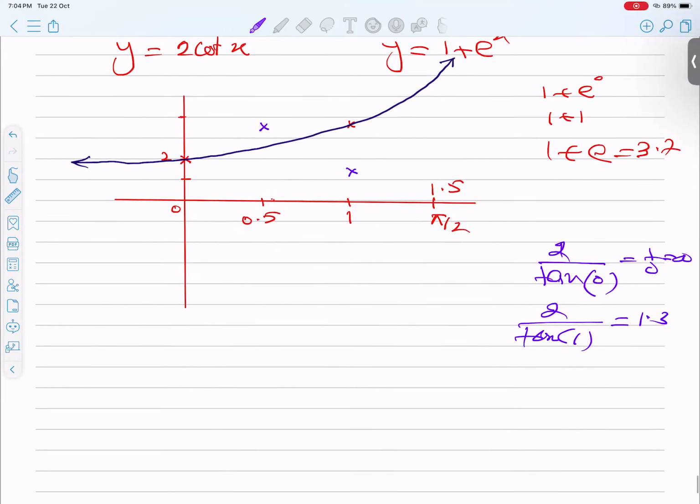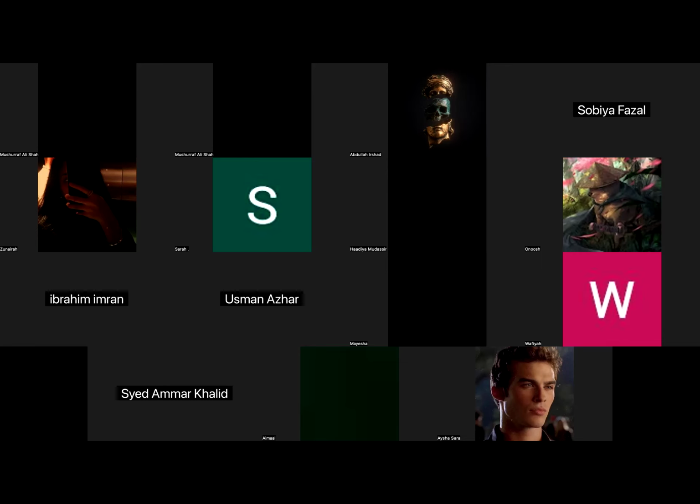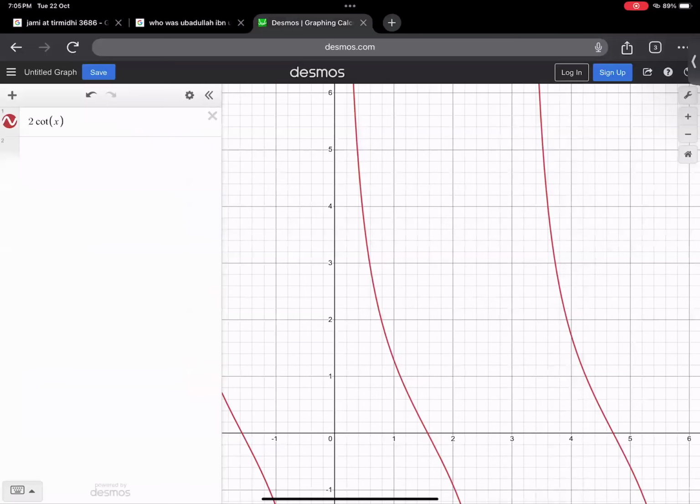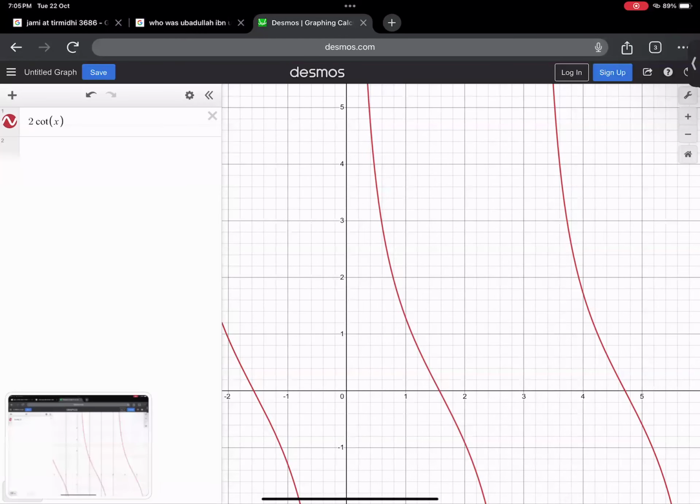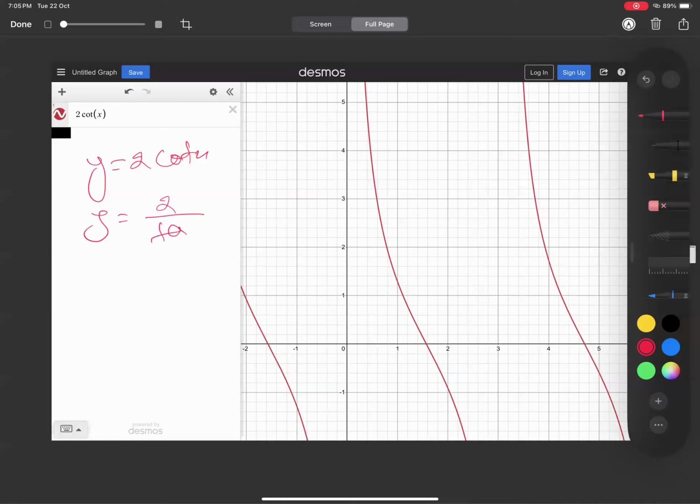So, the graph, and I can show it in a graphical tool. You can see this is a graph of the cot. Wait a minute, please. Okay, I'm going to show you. So this is what I was discussing with you. If I show you here this graph, y equals 2 cot x, or y equals 2 over tan x, same thing.